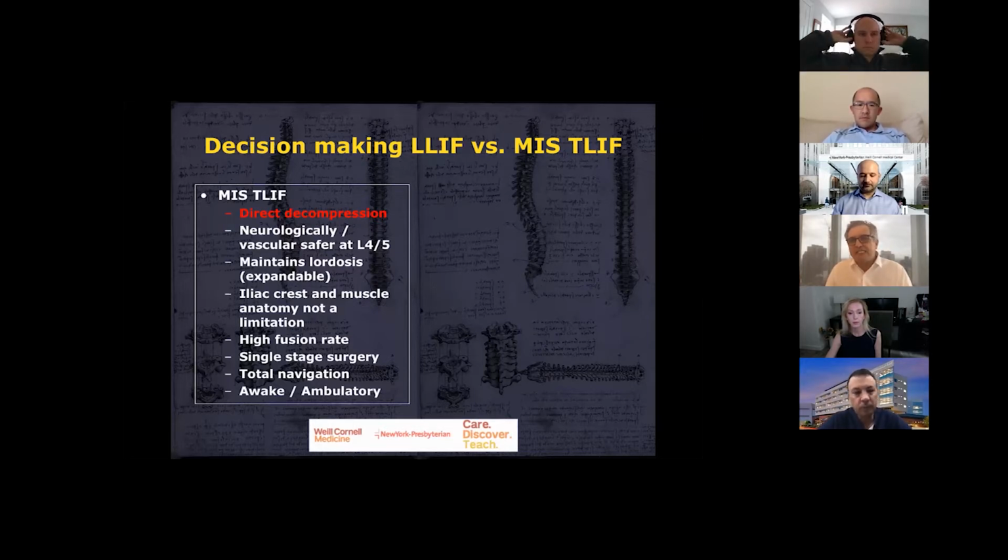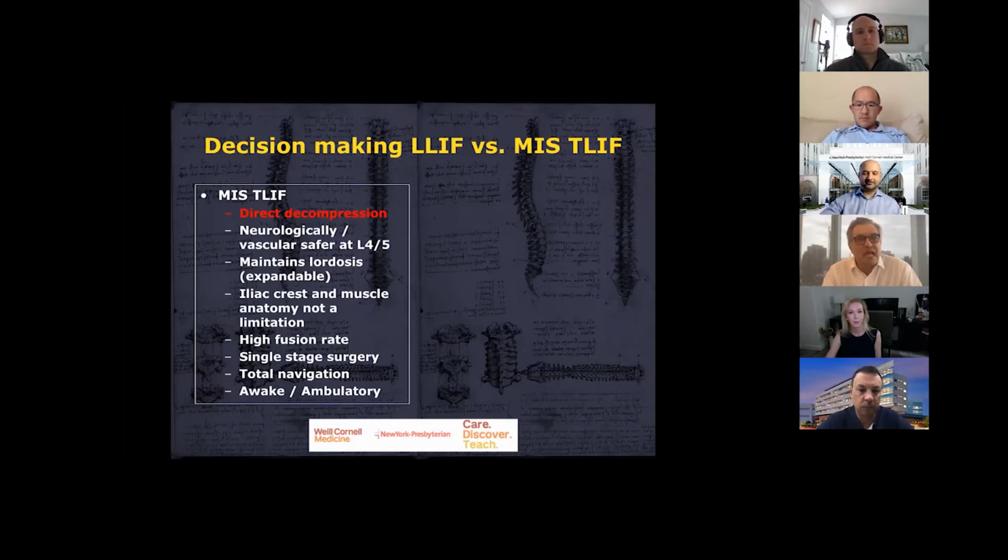With an MIS-LIF, XLIF, OLIF, or whatever you want to call it, unless you add extra direct decompression, which you can, but doesn't really make sense, you're primarily relying on indirect decompression. So at the end of the day, you got to figure out in your patient beforehand, is that patient going to be well served with an indirect decompression, or do you really need direct decompression? That's the bottom line.